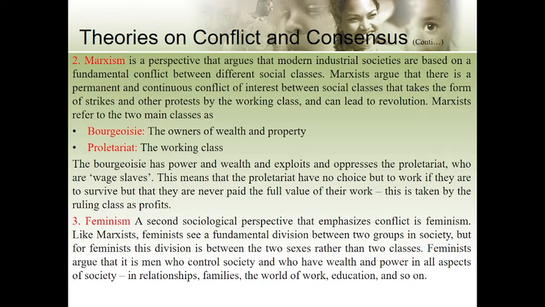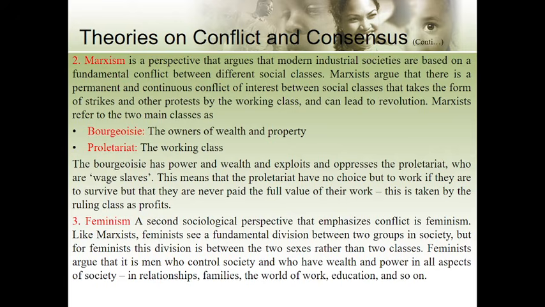For example, schools ensure that some people fail and think that this is their own fault, so that they then accept their low position in society. The mass media distracts people's attention from what is really going on and tries to develop their interest in celebrities, sports, and other issues.